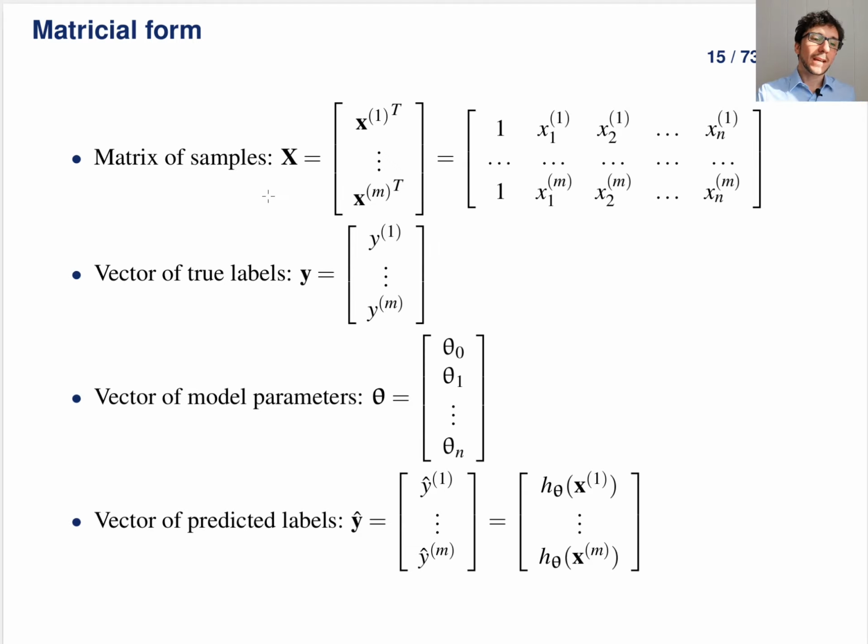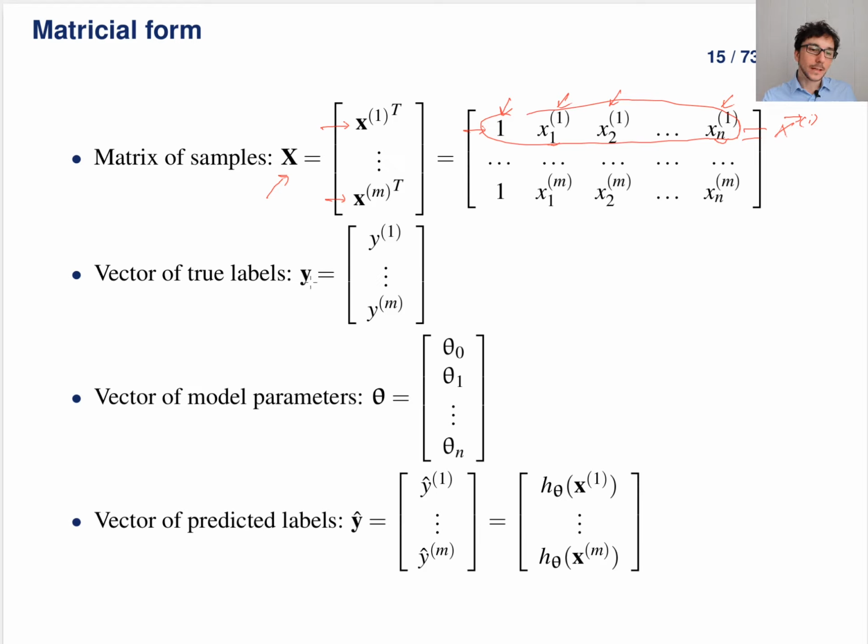We can indicate the entire dataset as a matrix X, where each row is a sample. And so if we look at the first row, we have all the feature values of the sample 1, from feature 1 up to feature n. And note that we also add every time a 1. Okay, so this first row is equal to the sample vector xi.